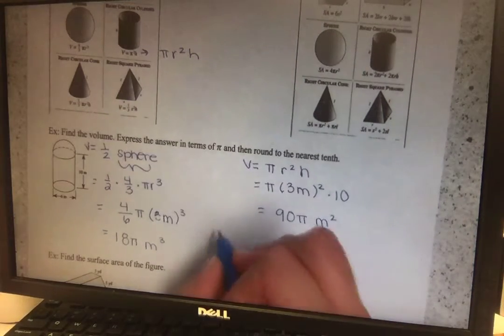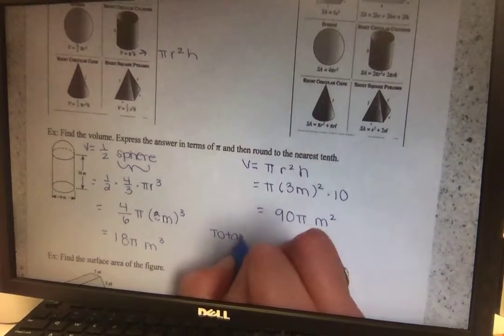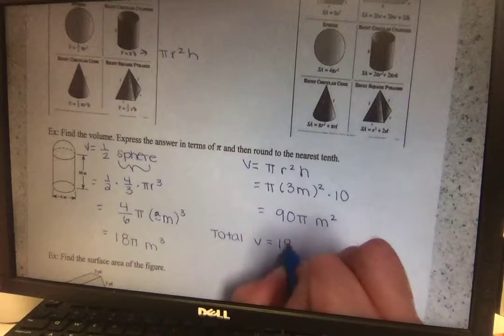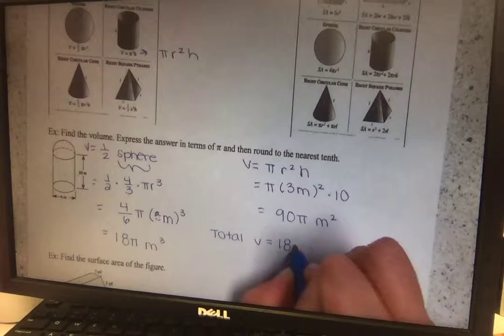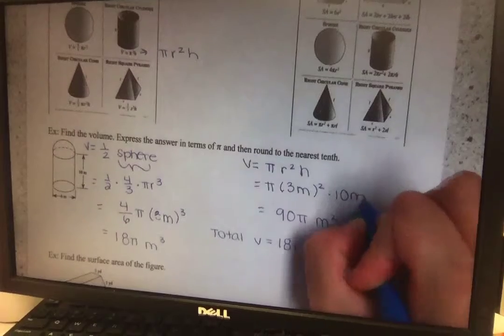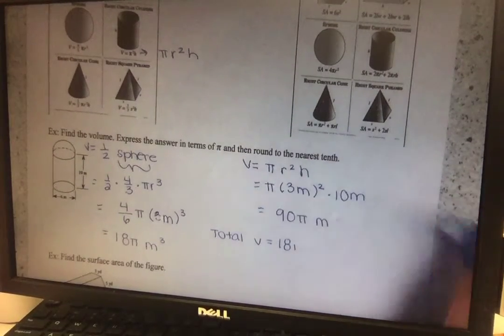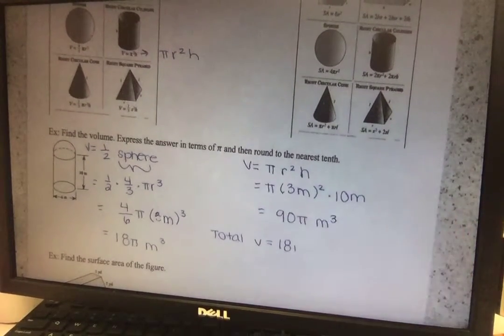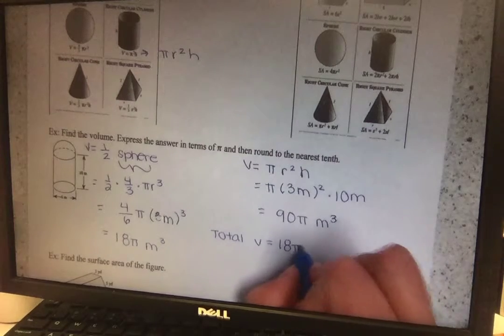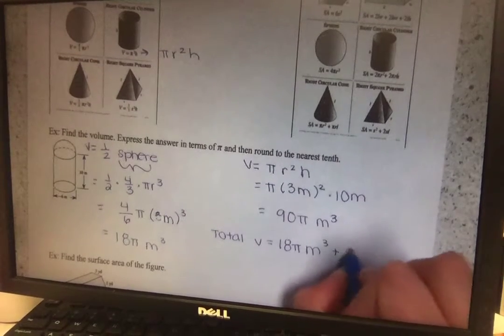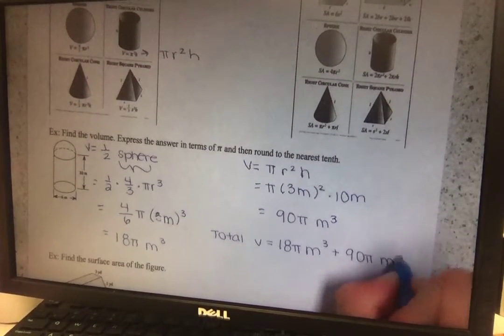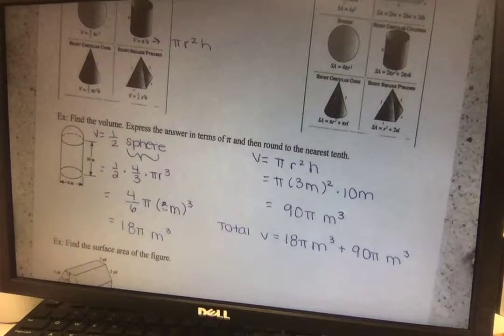So now our total volume, adding these two together, will be 18, I'm sorry, this is meters as well, so we have meters cubed. 18 pi meters cubed plus 90 pi meters cubed. These are like terms, so we can add them together.